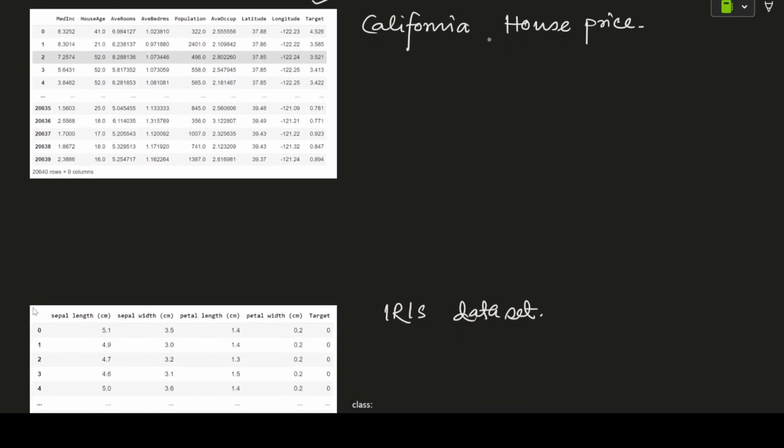In California house price, the target variable can take any number. See friends, it can take any numbers. There is 0.8, also 0.9, and also 4.5.